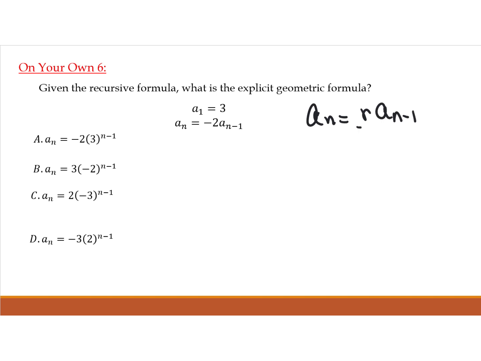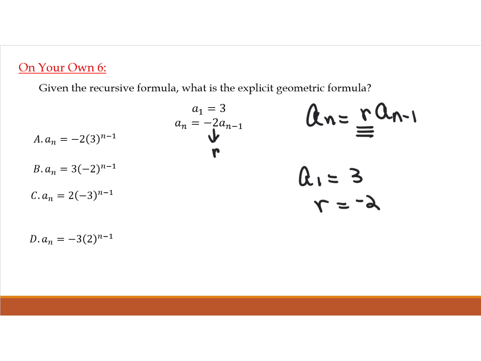Notice that R, which is your common ratio, is in front of A sub n minus 1, which means in this case that negative 2 is going to represent R. Whatever is in front of that previous term, A sub n minus 1, is the value of R. So I have A sub 1 is 3. I know R is negative 2.